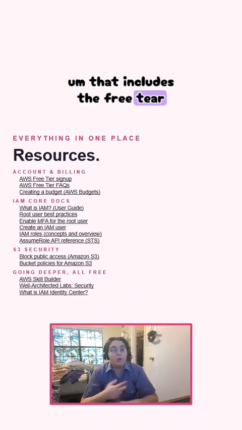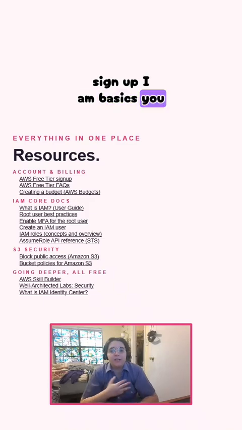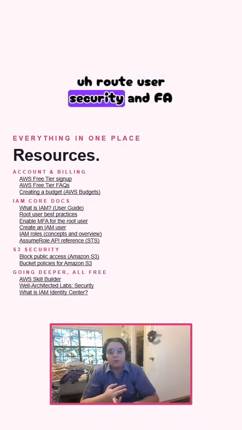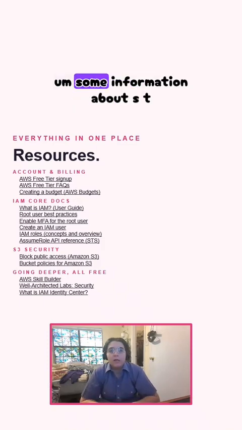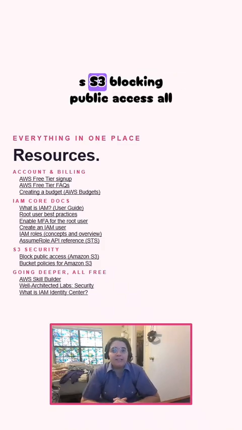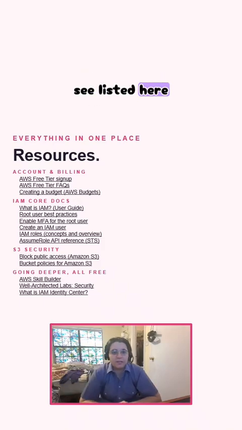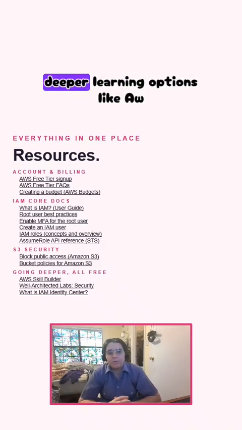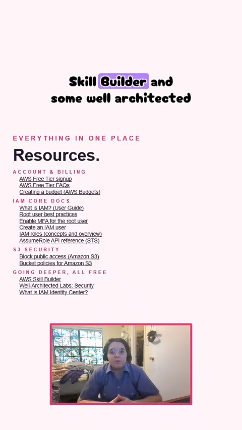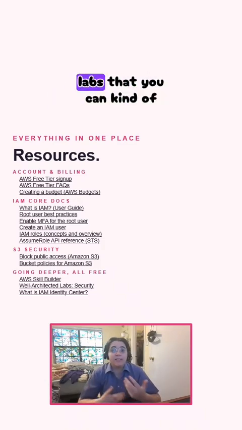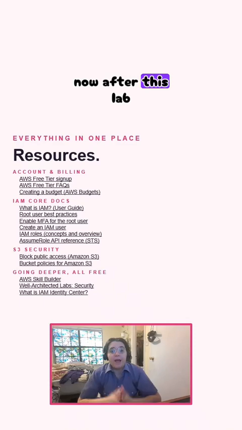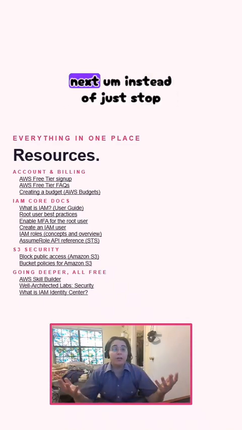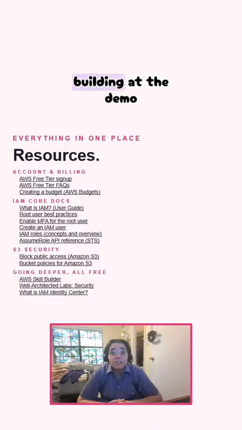That includes the free tier sign up, IAM basics, root user security, MFA, IAM users, roles, some information about STS, S3 blocking public access, all of the stuff that you can see listed here. I also included some free deeper learning options like AWS Skill Builder and some Well-Architected labs that you can see over here. Now, after this lab, you have somewhere to go next instead of just stopping at the demo.